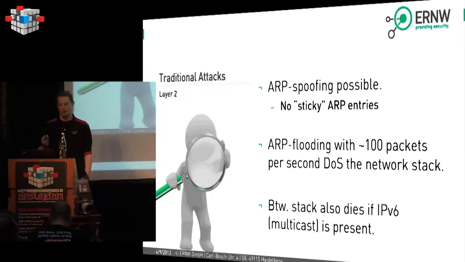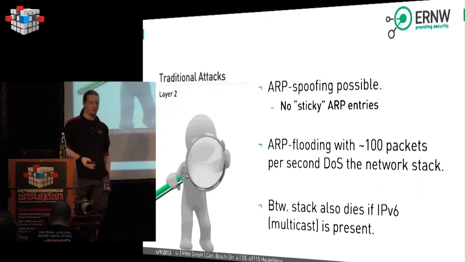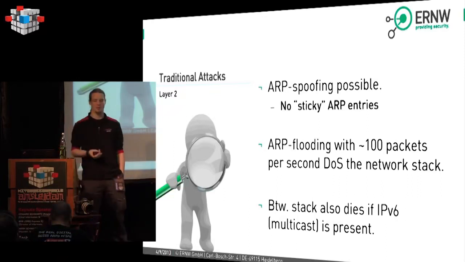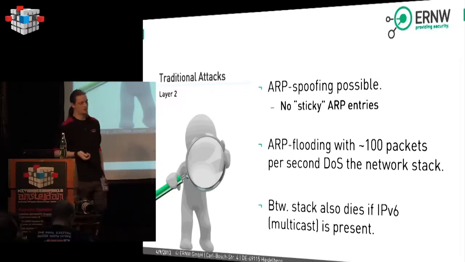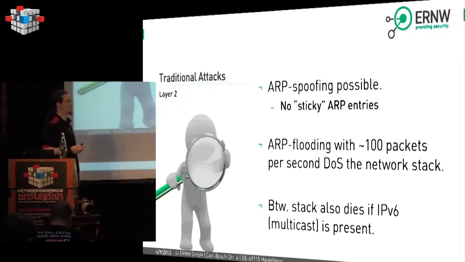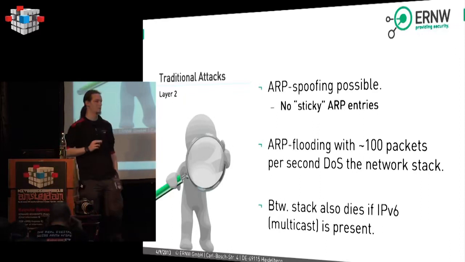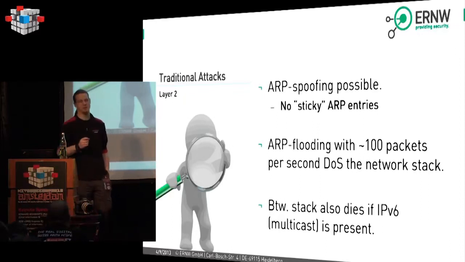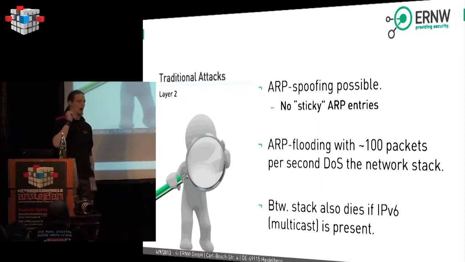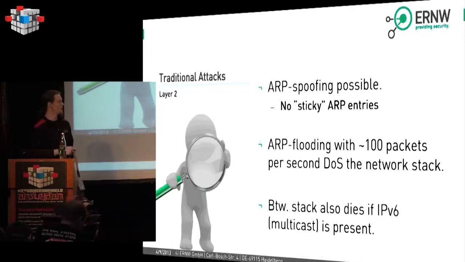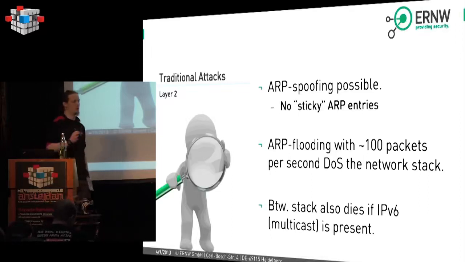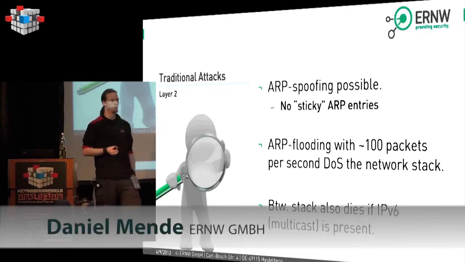You can just replace ARP entries in the ARP cache in real time. Also, if you start flooding the camera with a high amount of network packets, like I did in a test with ARP requests, you reach a limit of around 100 packets per second before the network stack of the camera completely dies.